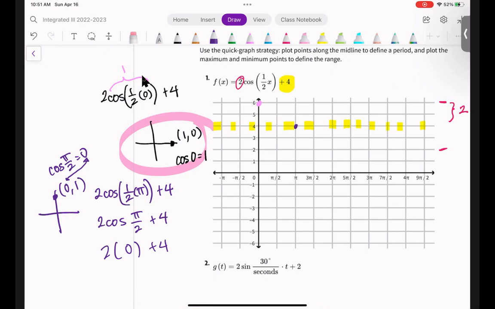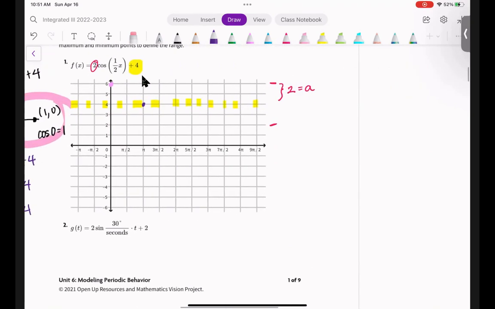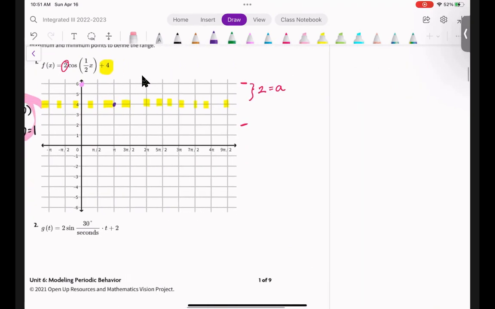And then I'm just going to continue to plug in 2 pi and see what I get. Let's see, where can I squish some work in here? Maybe here, I'll go this way. So here we'll go with 2 cosine half of 2 pi plus 4.